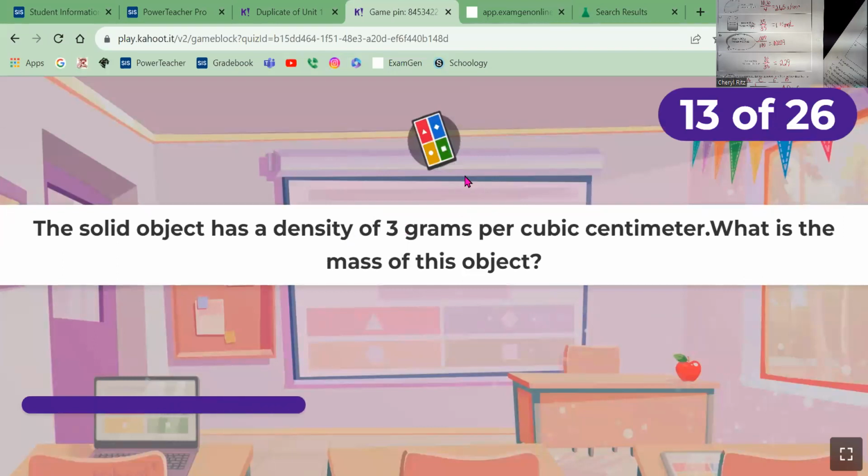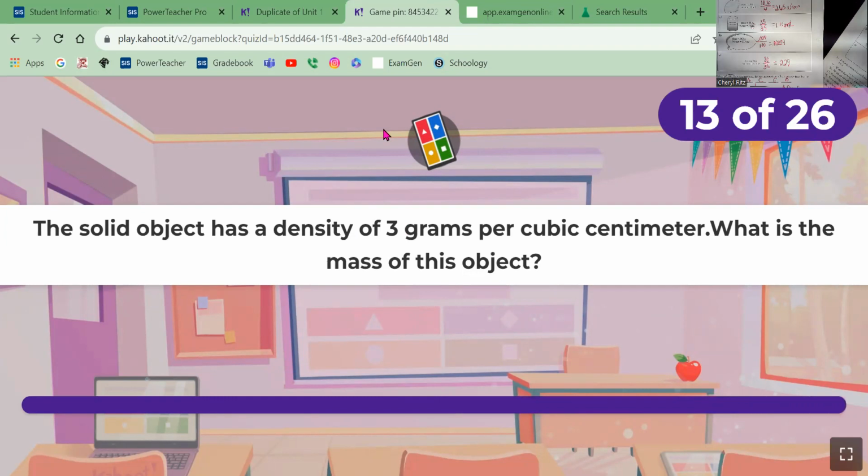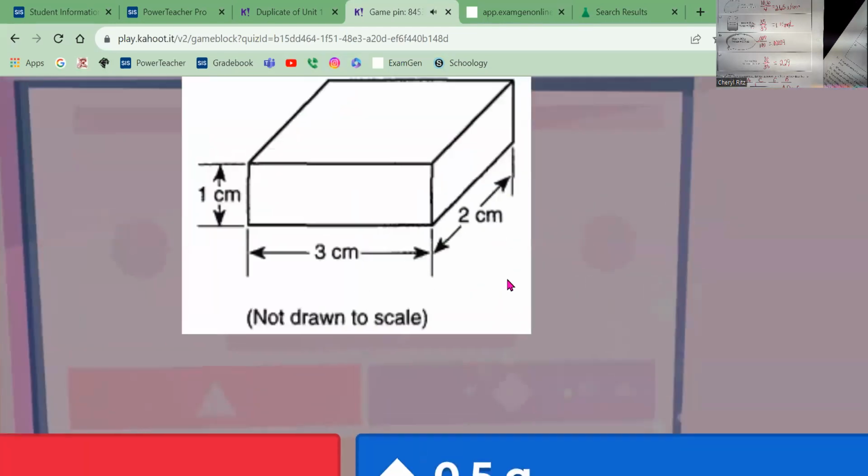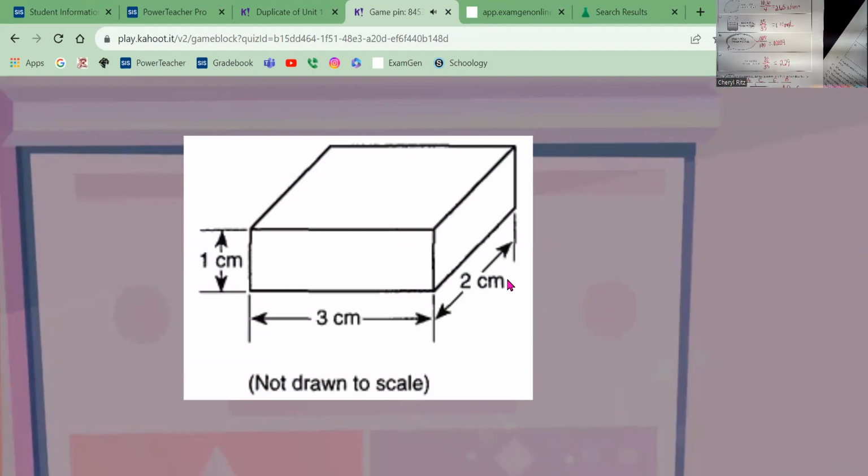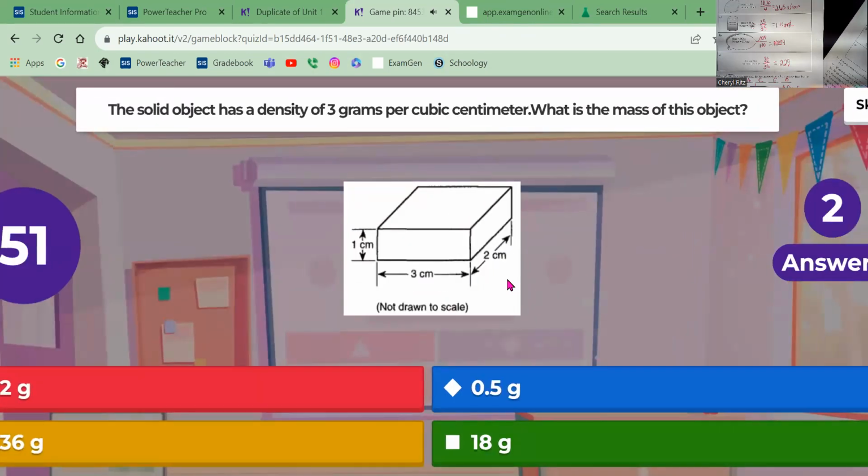A solid object has a density of 3 grams per cubic centimeter. What is the mass of this object? So you can do the volume first. They tell you the density and they give you the measurements.